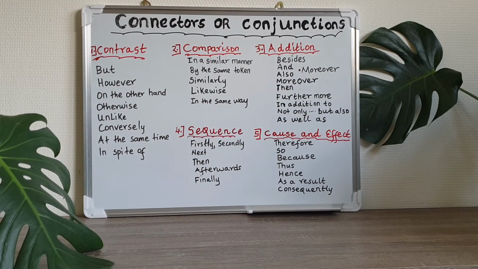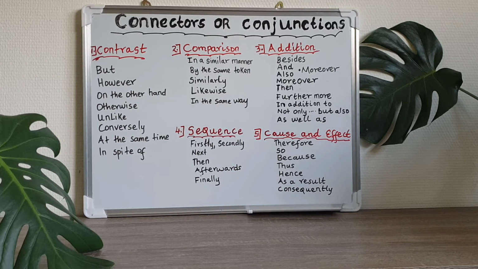Then we have then. He arrived home, then he took his jacket off. He arrived home, then he took his jacket off. So he arrived home, that is one idea, and then he took his jacket off. That's the other idea. Then we have furthermore.